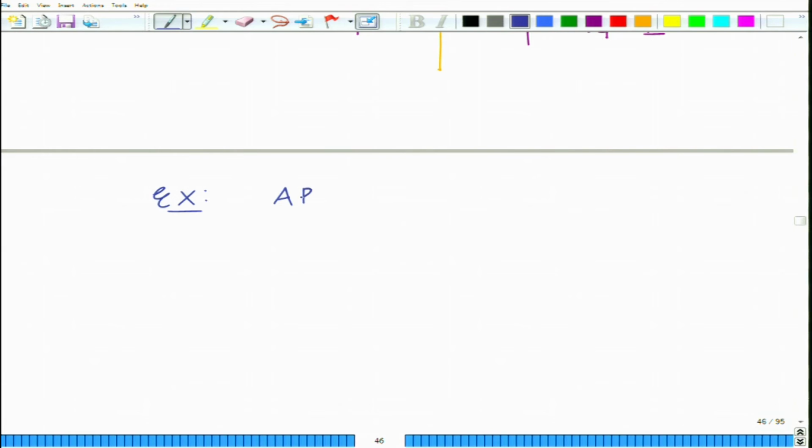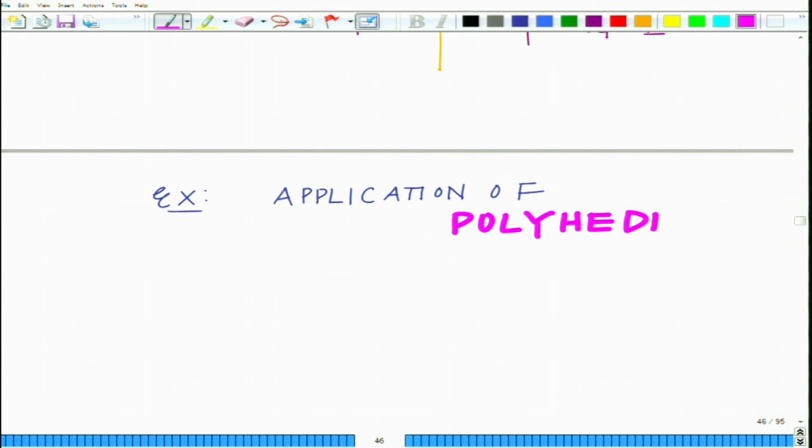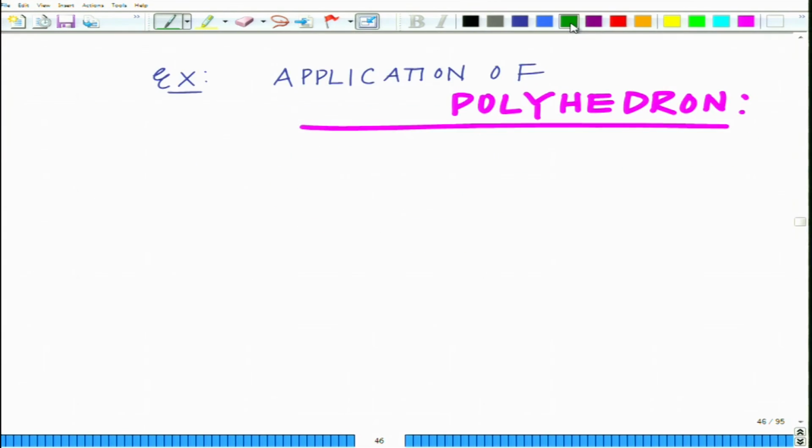So, let us look at an application of this concept of your polyhedron. And this will be in the context of cooperative wireless communication, that is, cooperative base station transmission or base station cooperation.